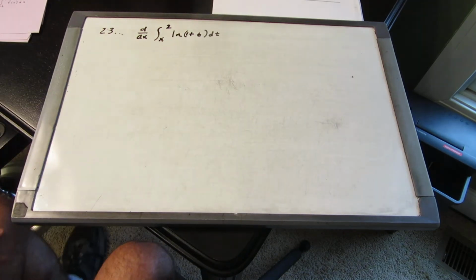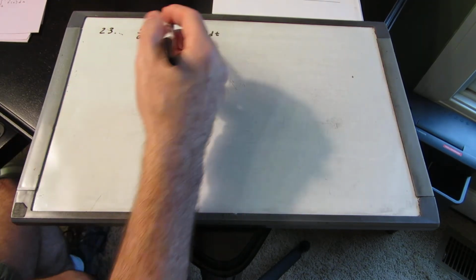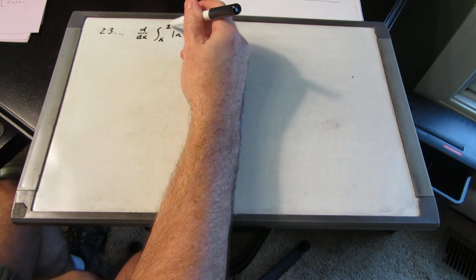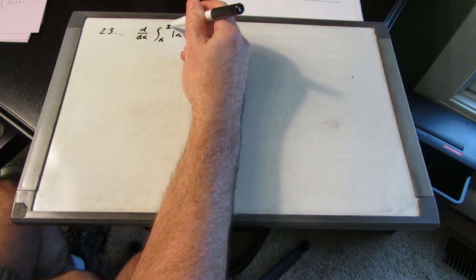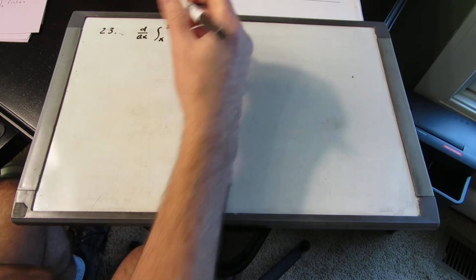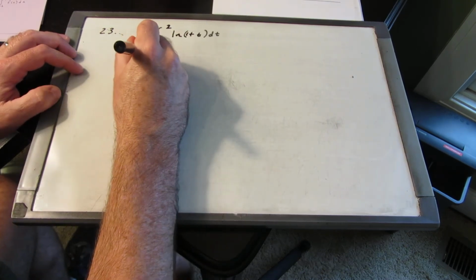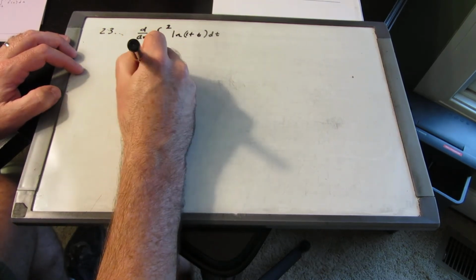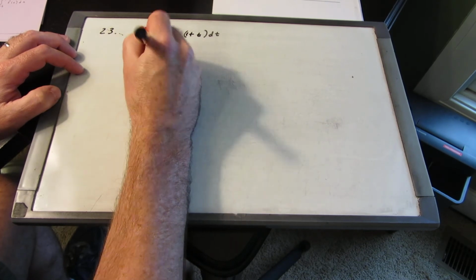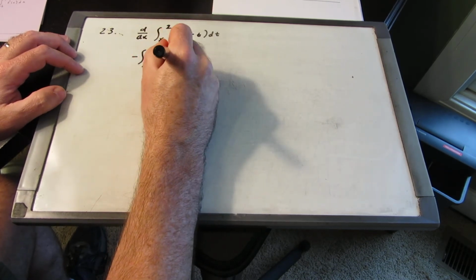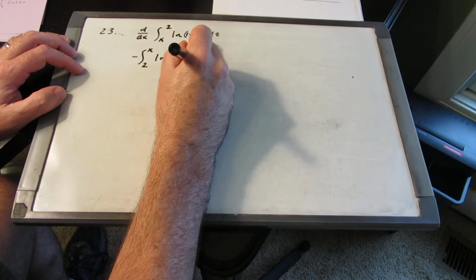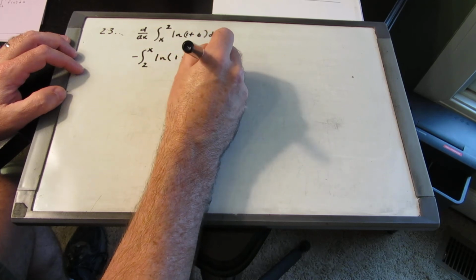In order to use the fundamental theorem of calculus, we have to take this x value and put it up into the top position on the integral. So the way that you can do that is if you put a negative out front, you can switch the two places. So that'd be 2 to x of the natural log of 1 plus t dt.